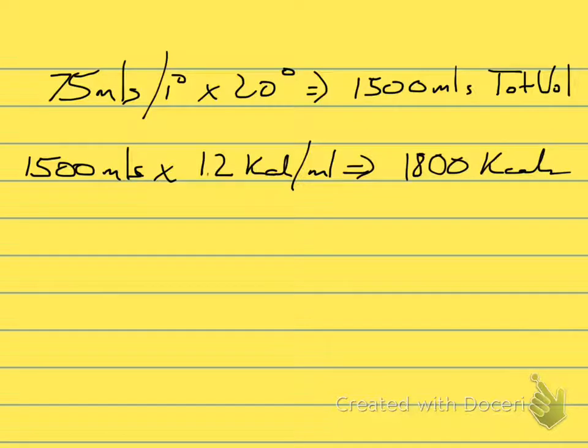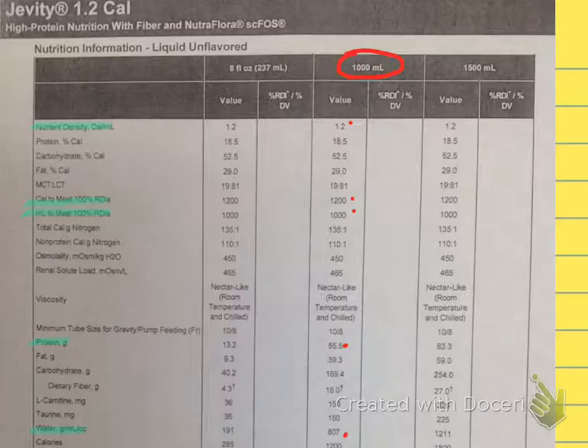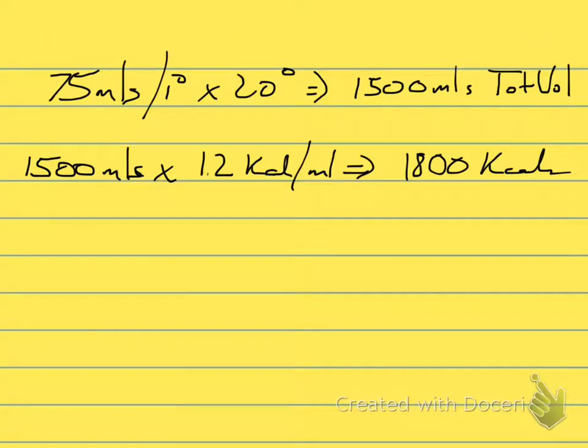Okay. For protein, if we come back over and look, per liter, we have 55.5 grams of protein. So I take 55.5 grams of protein and multiply that by, needs to be in terms of liters, we've got a total volume of 1,500 mils, which is the same as 1.5 liters.